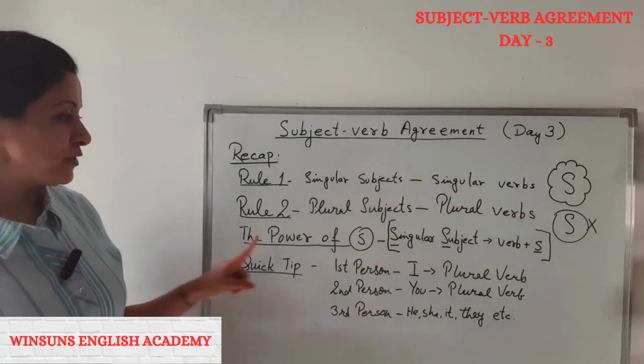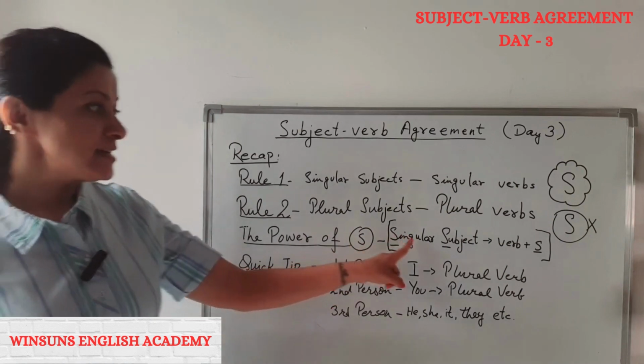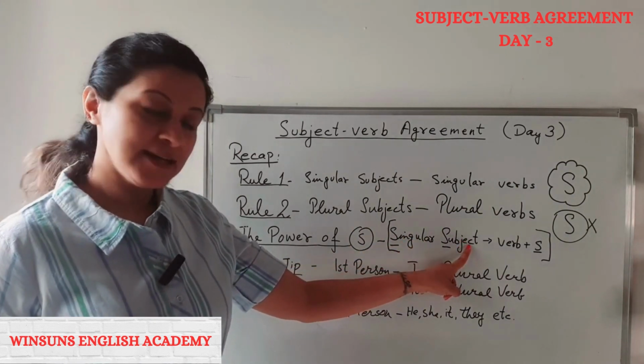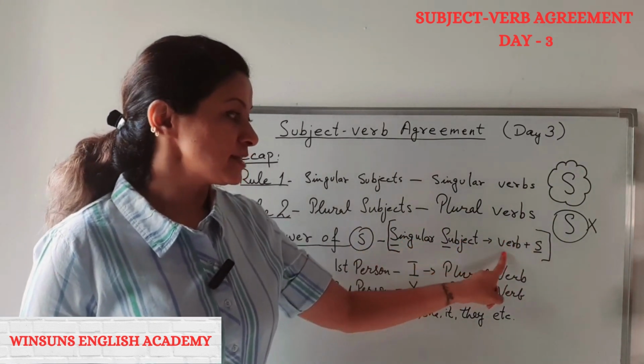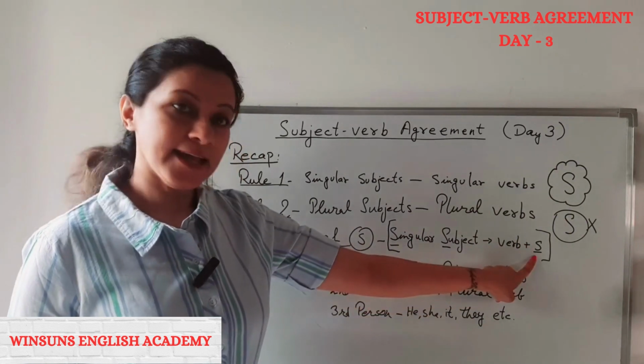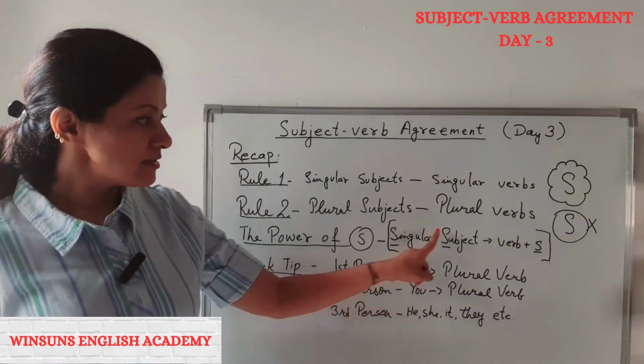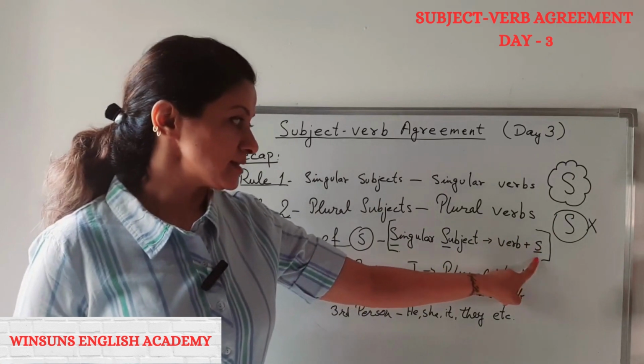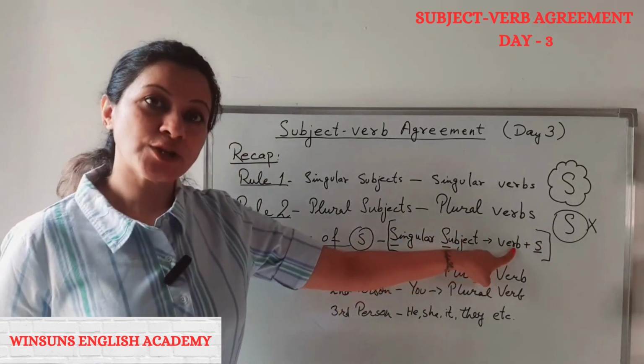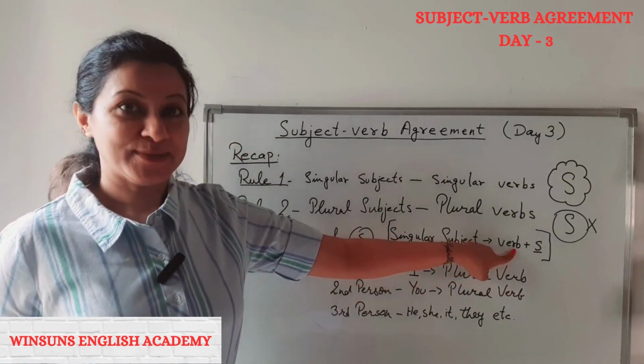Then we learnt about the power of S, that is, singular subjects take verbs with S. Singular verbs will always take an S. So singular S, subject S, verb plus S. If you remember this, trust me, you will never make any mistake.